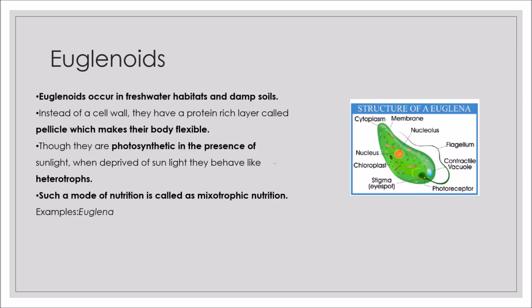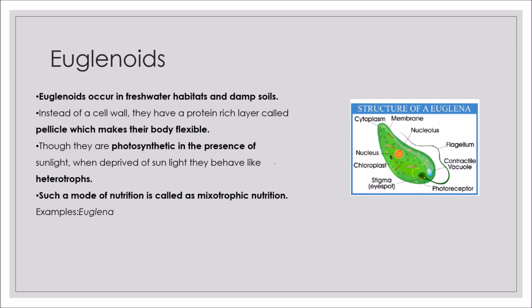The next category is euglenoids. As you can see in the image, the structure of Euglena: a membrane is there, cytoplasm is present, the nucleus and nucleolus are present, a flagellum is present for movement, a contractile vacuole is present, and a photoreceptor.